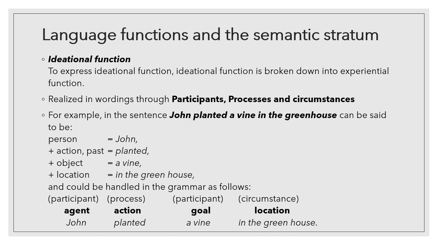In this case, we have the agent, because it is an active sentence, and then the process, which is planted, an action process, and then a vine is a goal. Both the subject and object are participants. The circumstance explains the whole concept: in the greenhouse, in this case, the circumstance is location. That's the active sentence.